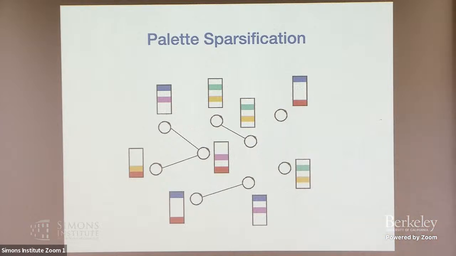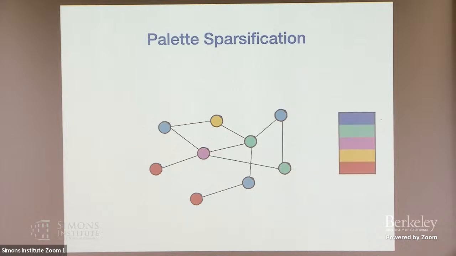I throw them out, my graph becomes super sparse, and then I can solve the problem there. This is the high level view. Then you color, and if you color that way, you find a delta plus 1 coloring of your original graph, since all your colors were coming from the delta plus 1 colors anyway. So if you can prove that theorem, you can use it to get tons of algorithms.